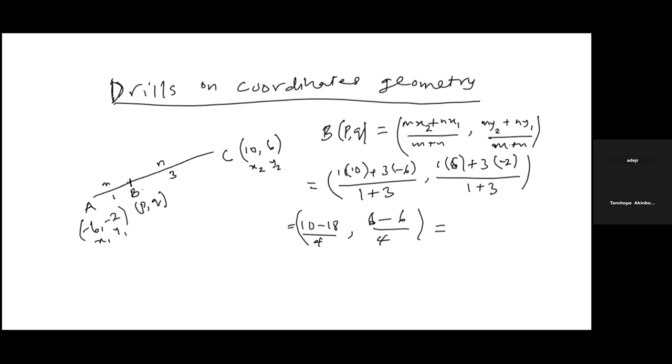Divided by 4, 0. So that implies that P equals -2 and Q equals 0. So that's the values of P and Q. Is that clear? Yes, sir. So copy that. That answers question A.